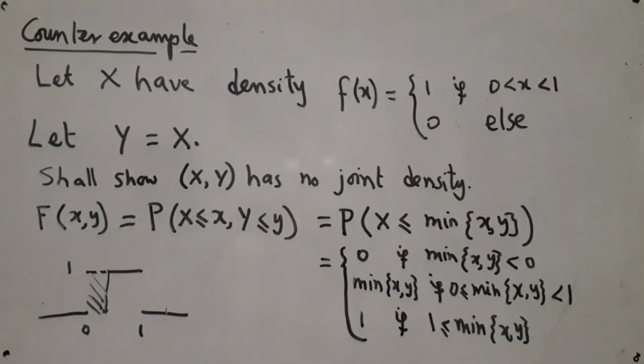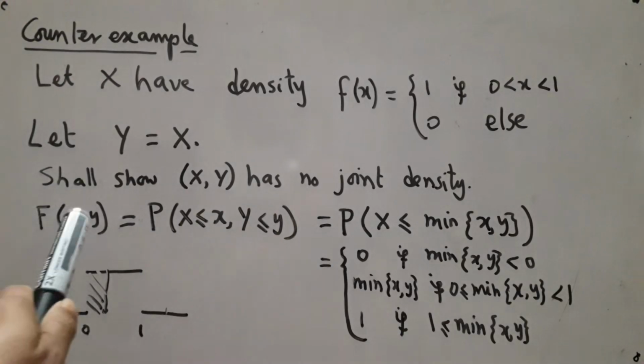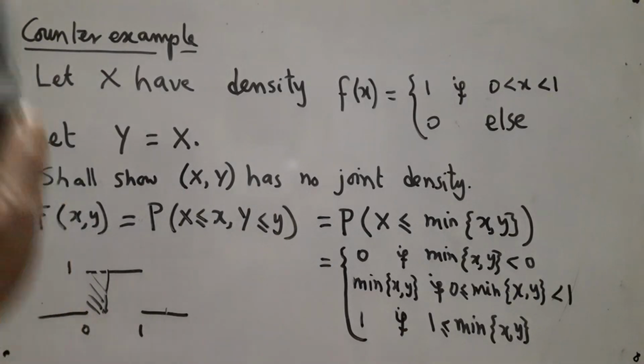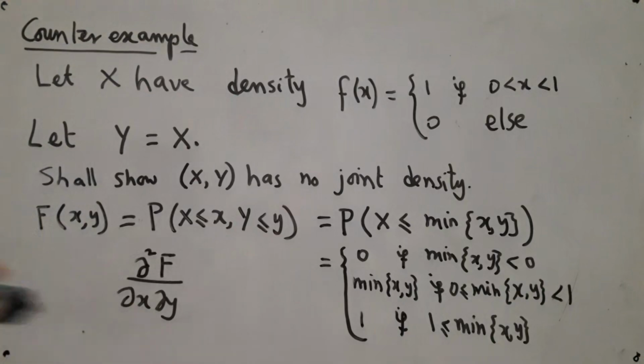Our aim is to show that this CDF does not admit a joint density. Now how do you show that? Well, we shall try to differentiate this and we will get the mixed partial del square f by del x del y.